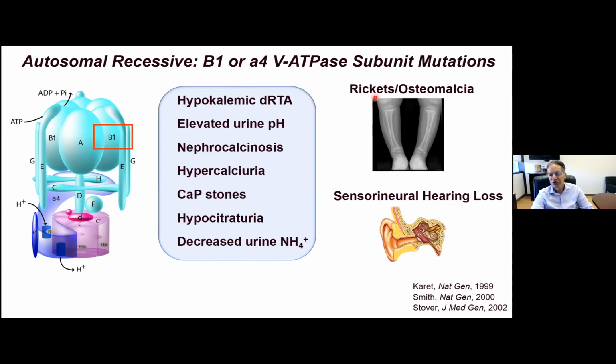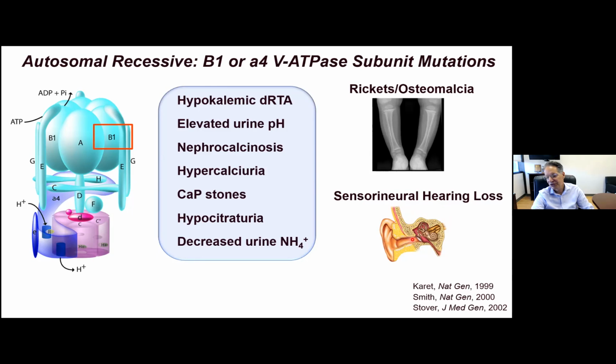These patients also have rickets or osteomalacia, and they have sensorineural hearing abnormalities. This is because the vacuolar proton pump is actually anatomically involved with the transduction of impulses that come in our ear, sound waves, to creating a signal in the auditory nerve.